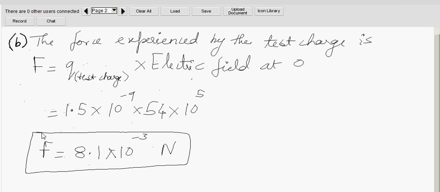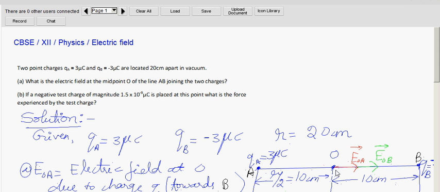So this force will be acting. See, this is a negative charge. When a negative charge is placed here, at B we have a negative charge, so they both will be repelling each other. So the force will be acting along OA or towards A, because QA is a positive charge, so this positive charge will attract this negative charge.